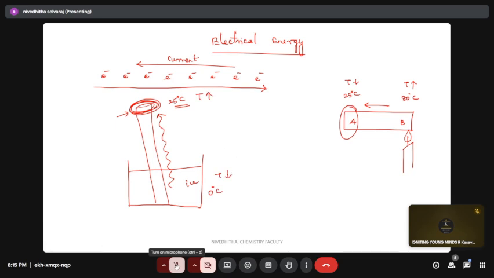Actually, the heat energy from my hand is moving from this end to the ice cube, right? Since my hand is losing heat energy, I'm feeling the chillness. But what I'm really experiencing, what I'm visualizing, is the impact of that.